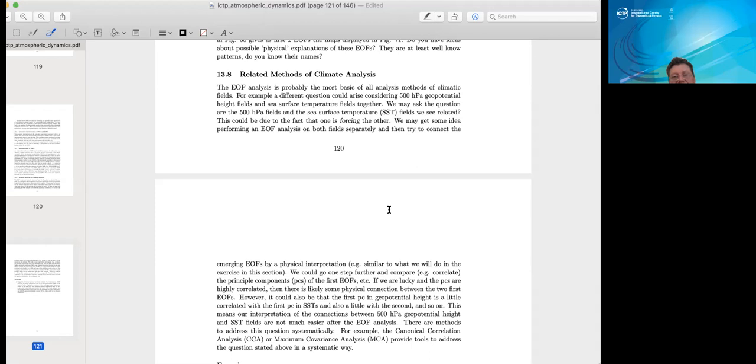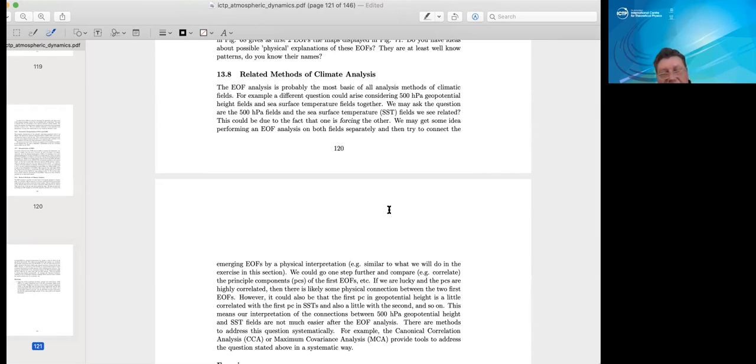If I'm lucky, and in the exercise that you will do, you will be lucky, applying EOF analysis to different fields gives the first principal component for both analyses, and they are very highly correlated. Then the conclusion is that I have found the same physical mechanism.